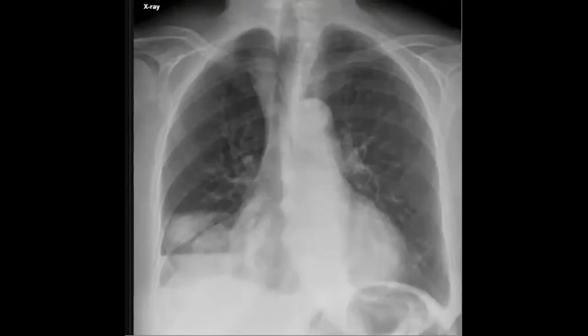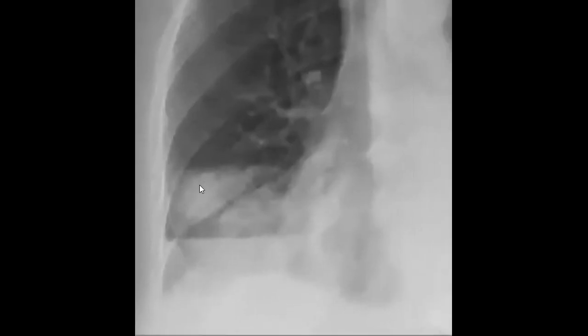It is not easy to detect a basal pneumothorax, but maybe you can suspect it, especially with the presence of fluid and the lack of lung markings here.